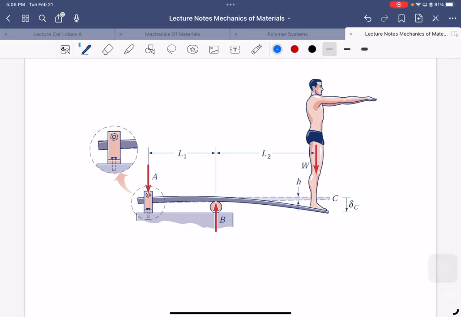So, given this picture, if I ask what weight would cause the diving board to break, and where? If this is the diving board, and the man's weight is too high, that makes the diving board break.